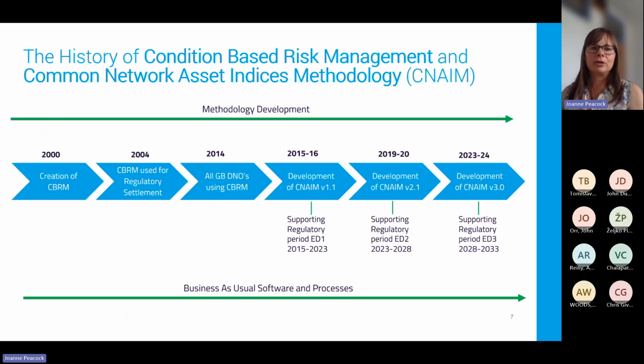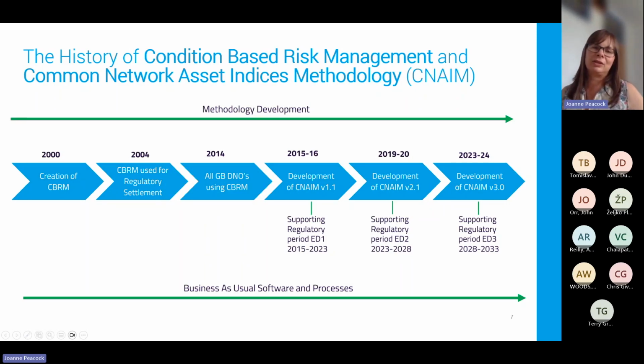And then in about 2014-15, the regulator in the UK, so this is Ofgem, said, well, this is great, but what we don't have is, you've all tuned the methodology to how you see it fits within your organisation, so to your perspective, and you've all got different costs and different risks, and we can't benchmark you against each other. And recognising this was a really powerful mechanism for funding, they said, right, go away and create a common methodology.